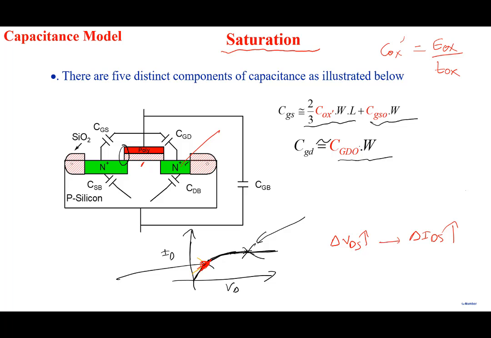Why is the current changing? So if you were to draw a causal diagram of this, we are looking at change in IDS, and we have VDS. So how does VDS cause a change in IDS?